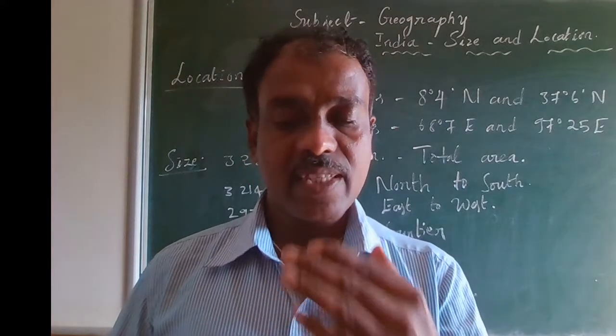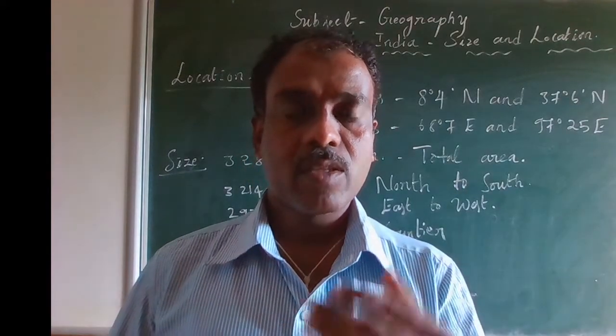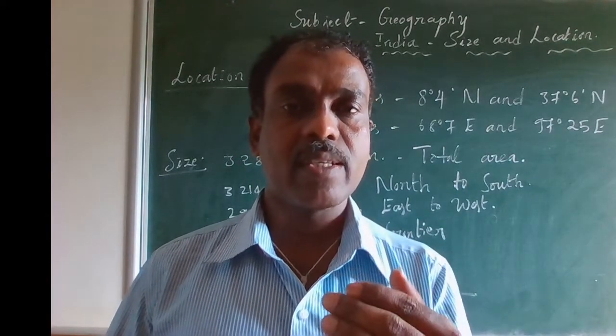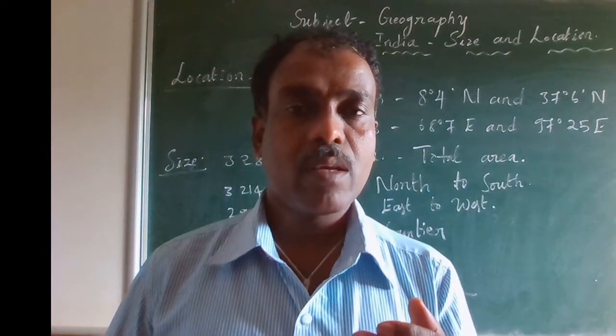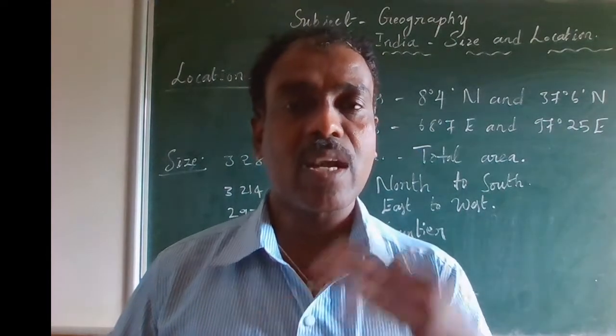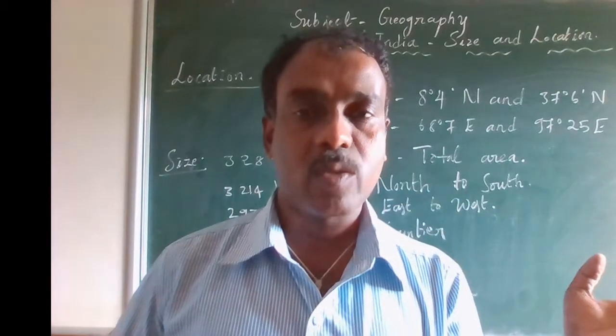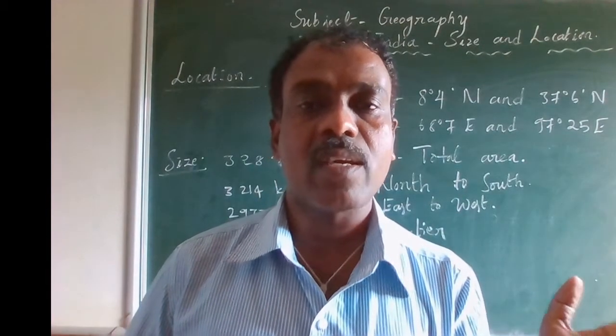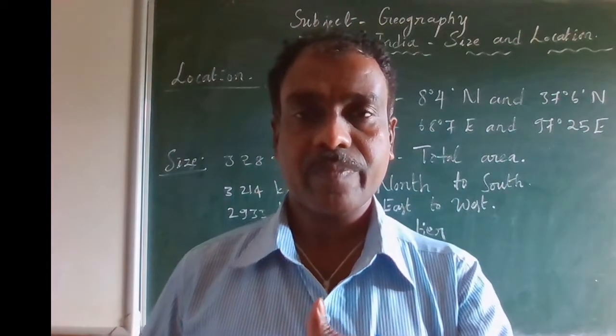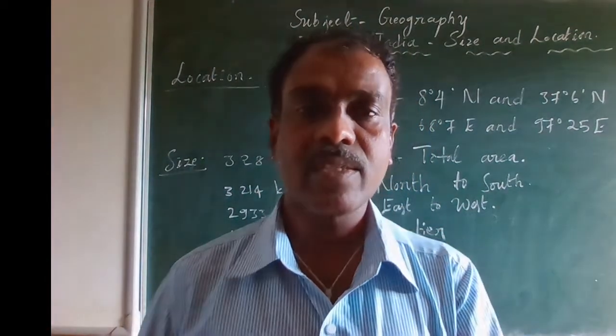So why is this actually happening? We always see the sunrise earlier in Arunachal Pradesh compared to Gujarat. It is about 2 hours early in Arunachal Pradesh and 2 hours later in Gujarat.